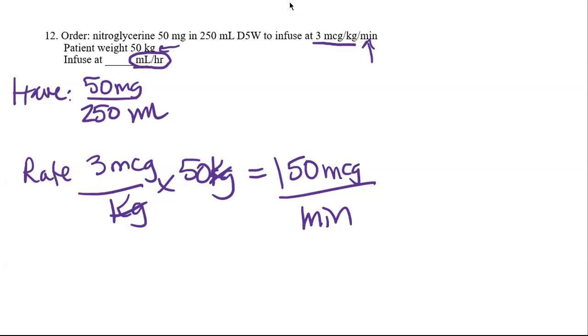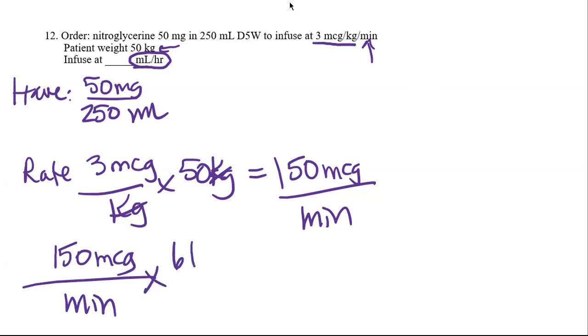So let's start with our rate here. We're going to say 150 micrograms per minute. We want hours, so we're going to go 60 minutes per hour. We can cross that out and cross that out. Now this is going to be funky, so let's do this better.